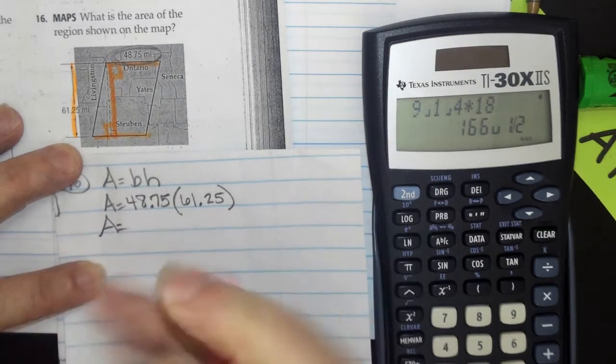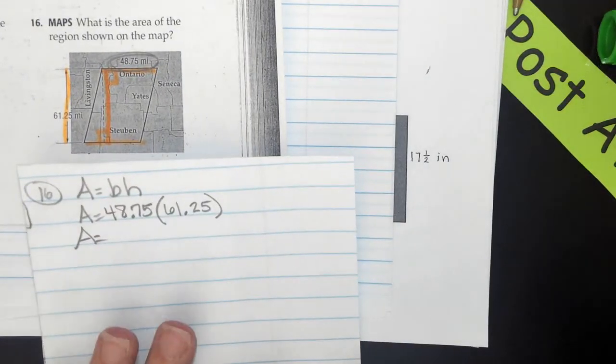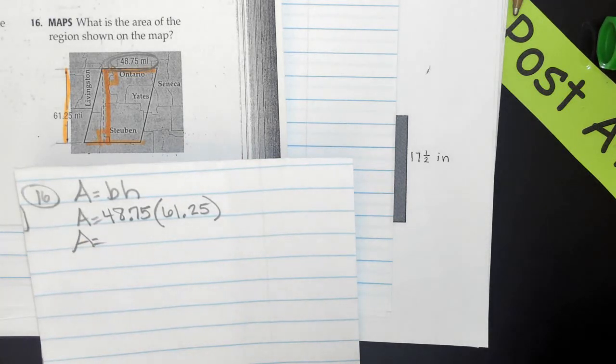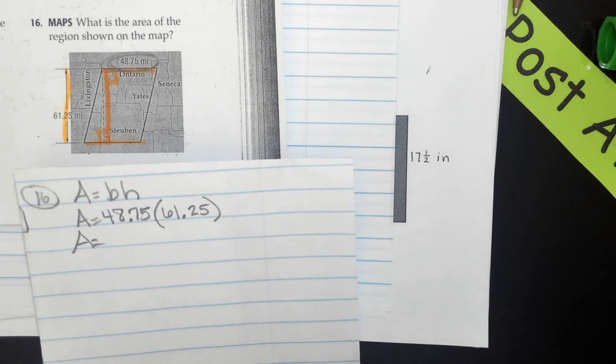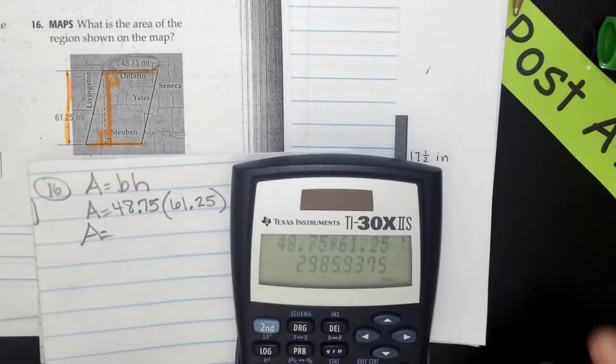I kind of wish you guys would practice with me if you didn't do your homework right now, keying those numbers in. Because today, you've got to put the decimal, 48.75, times 61.25 equals.